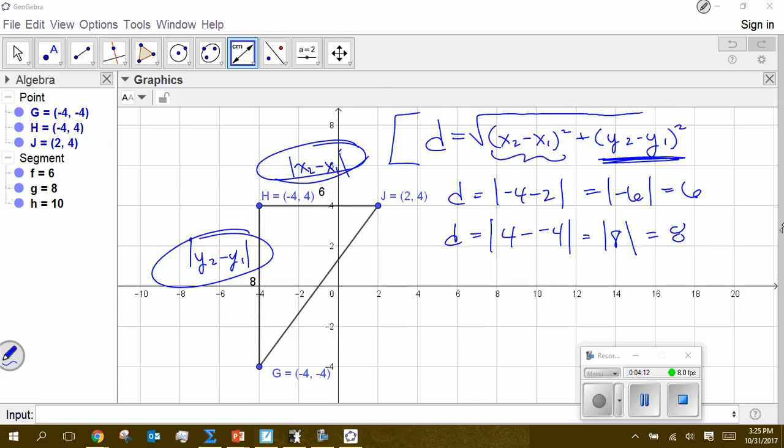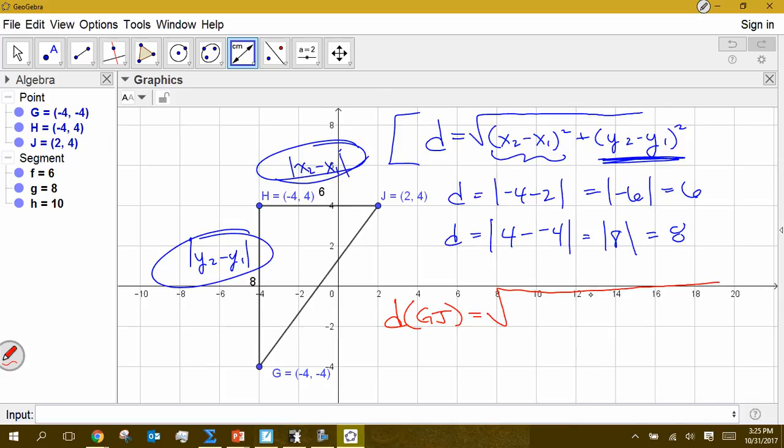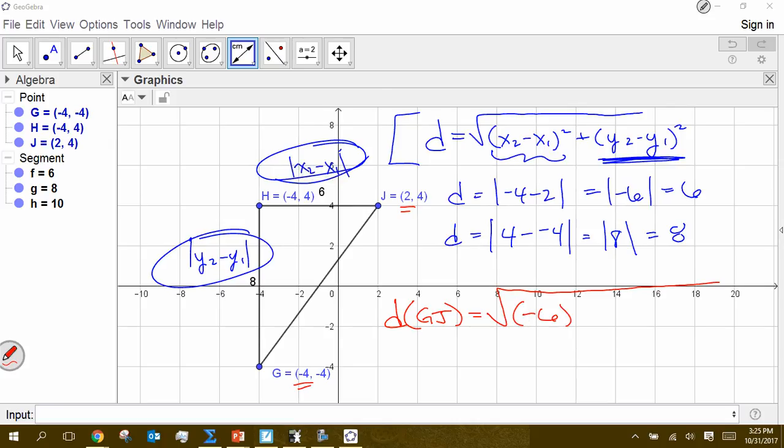We've talked about this in the past. The distance from G to J is equal to the square root of the difference in the x values squared. So I take the x values and subtract them: -4 minus 2 gives me -6.